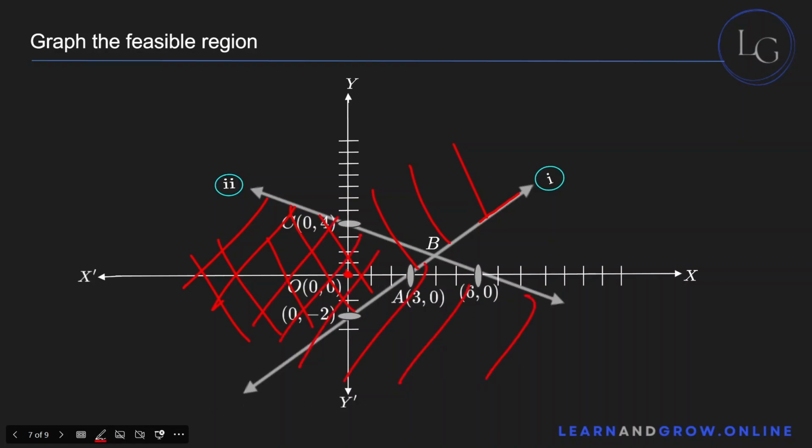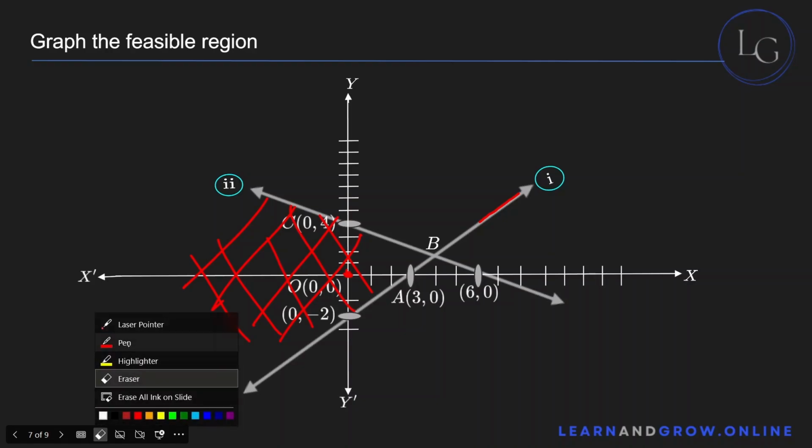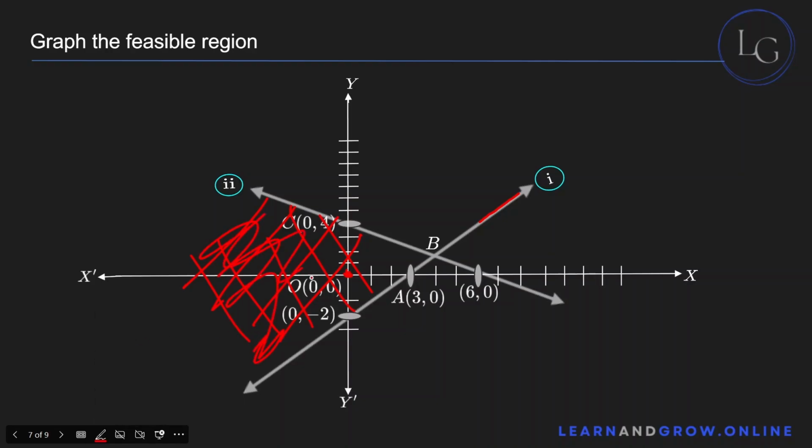Now, as you know, we first see what the solution set is. So this does not lie in the solution set, and these do not lie in the solution set either. So this is the solution set, right? This entire region is the solution set.